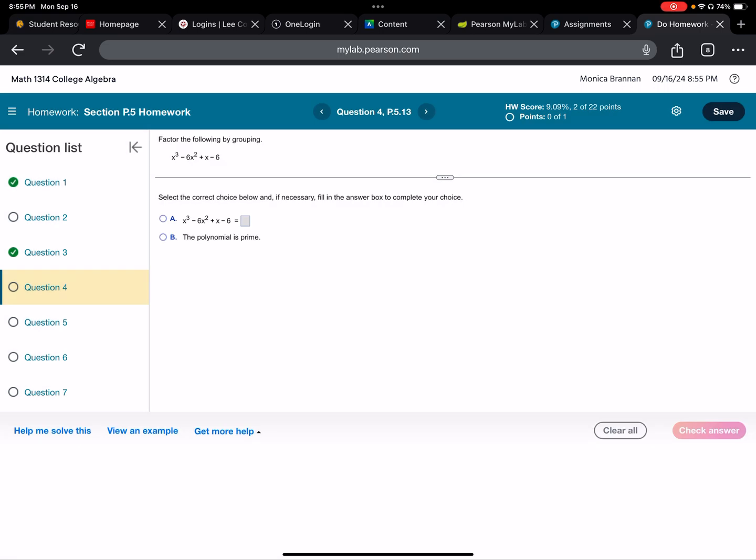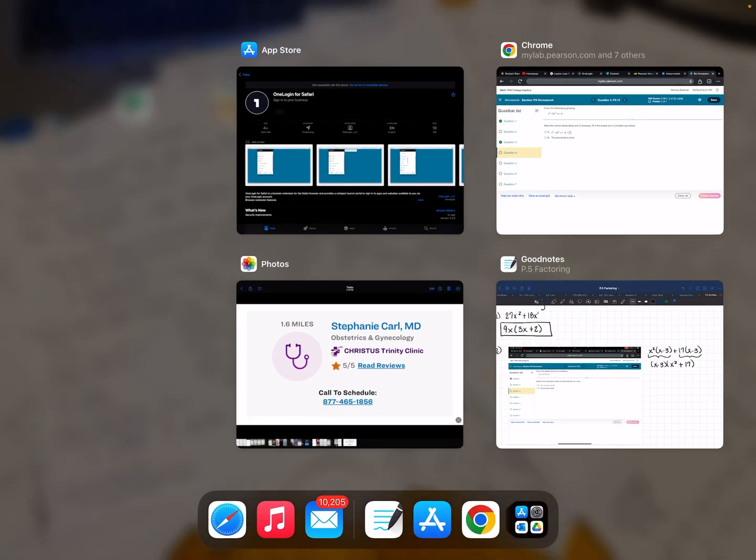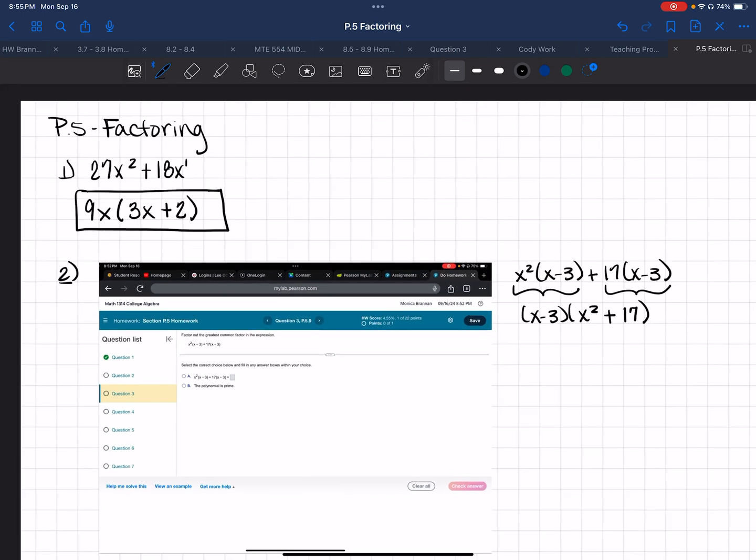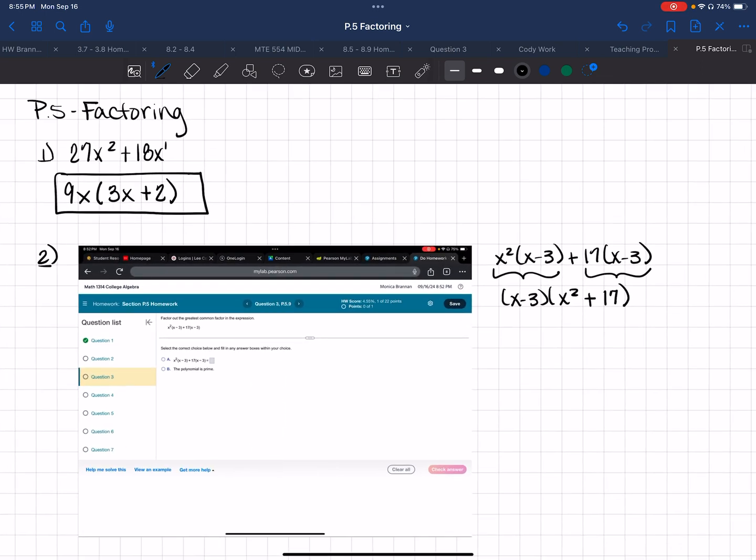Let's go ahead and do question 4. So we want to factor the following by grouping. Okay, so these first two problems that we did right here, these were known as greatest common factoring. We took out a greatest common factor, okay?